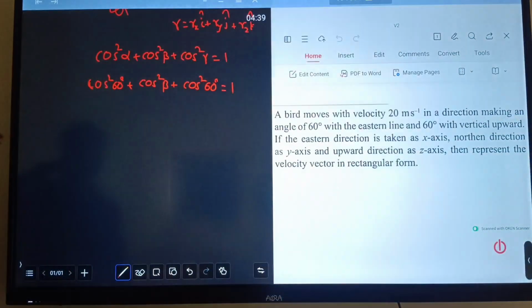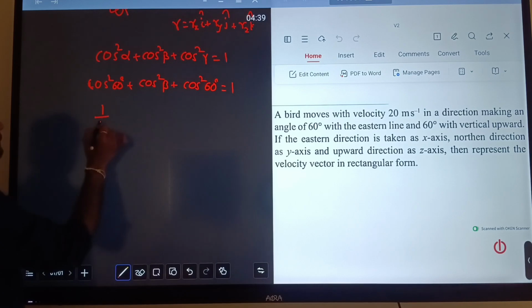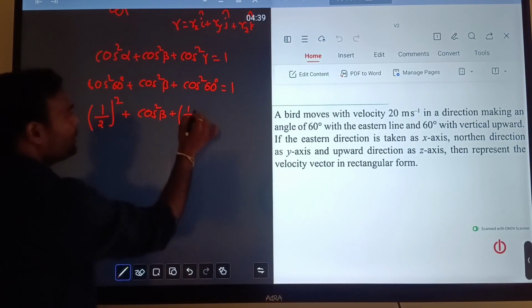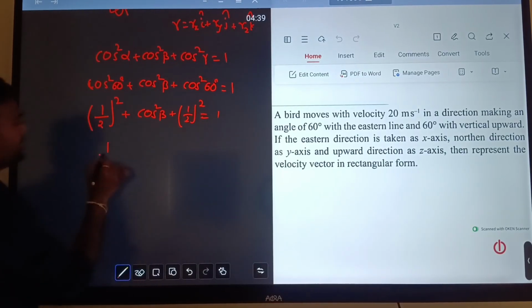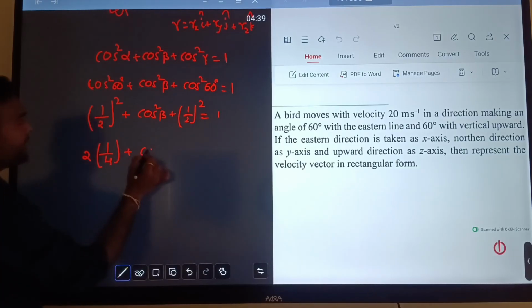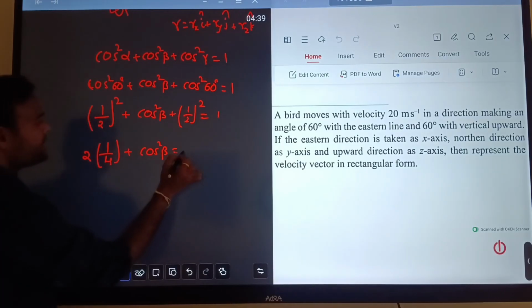That means cos 60 is 1 by 2, whole square, plus cos square beta, plus 1 by 2 whole square, is 1 by 4 two times plus cos square beta equals 1.